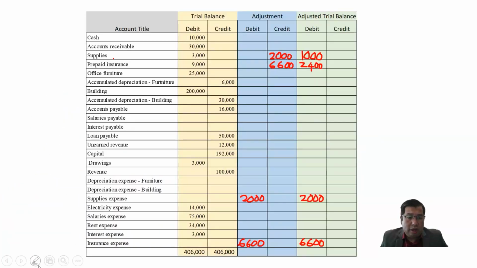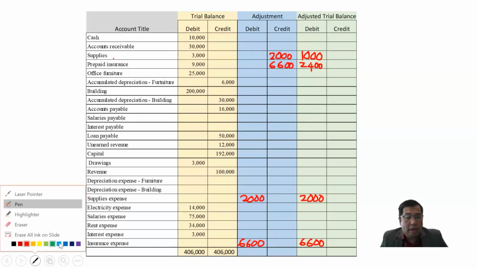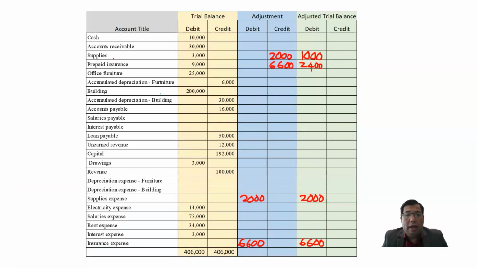This is your worksheet. Let me use a different color for this transaction, blue maybe. You have accumulated depreciation here, 6,000. I'm crediting another 2,000 so that you're able to see this 2,000. So my new balance will be, oops, not debit, it should be credit. This is a bit different from what we have before.